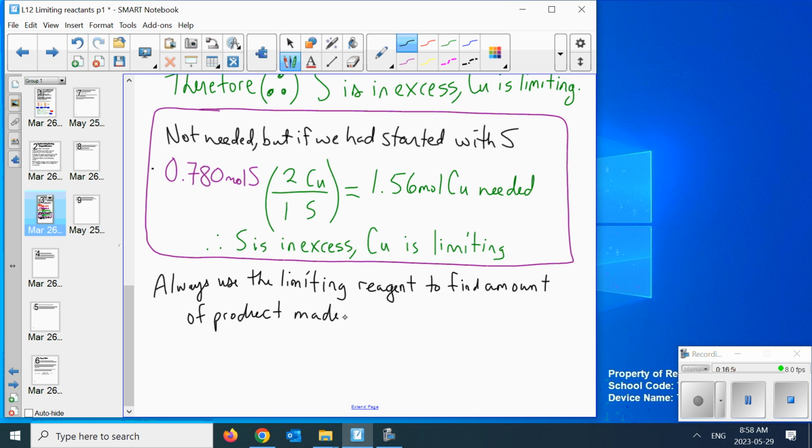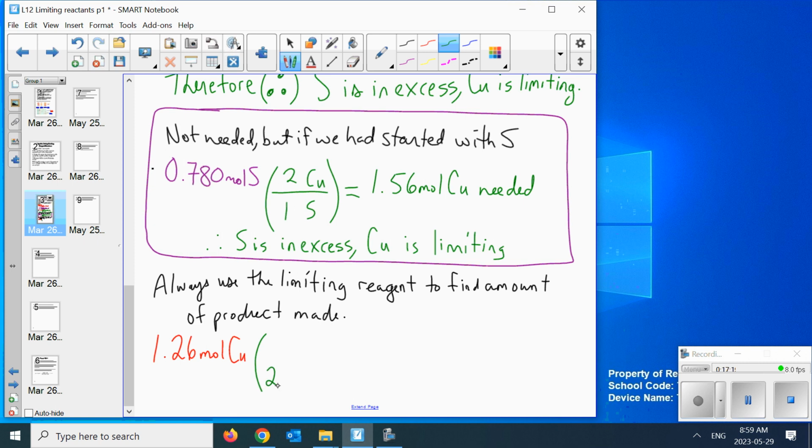So we only have 1.26 moles of copper, so I'm going to start with that. Since I've already changed it to grams, I'm going to just start with moles. It's a 1 to 2, 2 to 1 ratio, whatever you want to say.